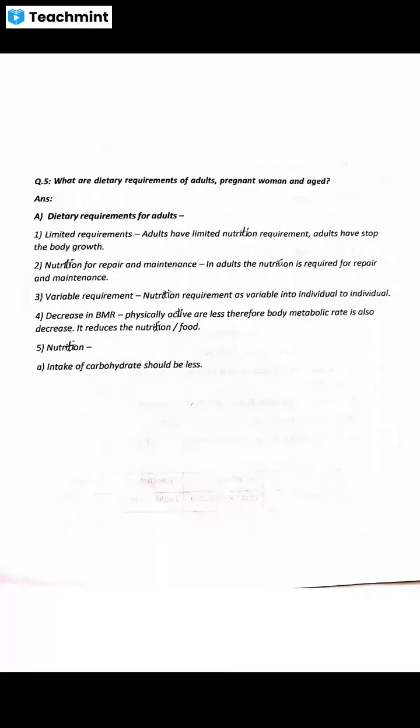Next point is the food pyramid. So what is meant by food pyramid? Everyone knows what is food pyramid. Okay, means food pyramid was published in Sweden in 1974. The US Department of Agriculture published the food guideline pyramid.